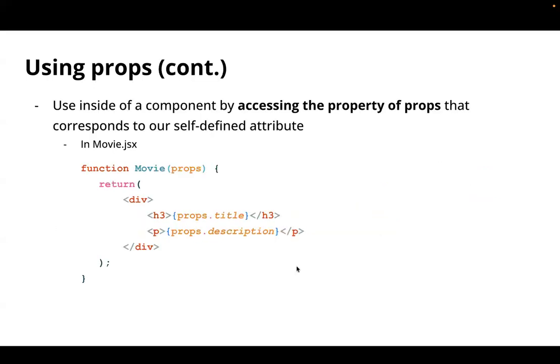The other thing we need to update is movies. There are a couple of places we need to update here. The first place is this movie props. Previously we had an empty bracket, which means we are not passing any arguments, which is not the case anymore. So we want to pass in props instead. Props is passed in as an object.